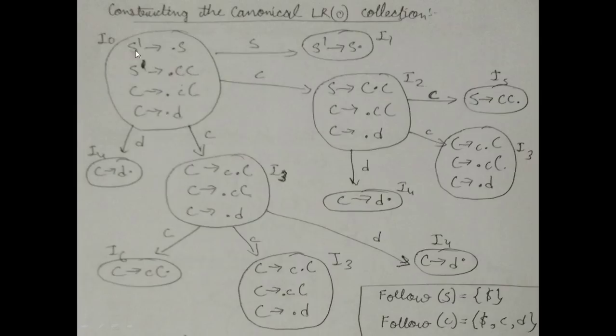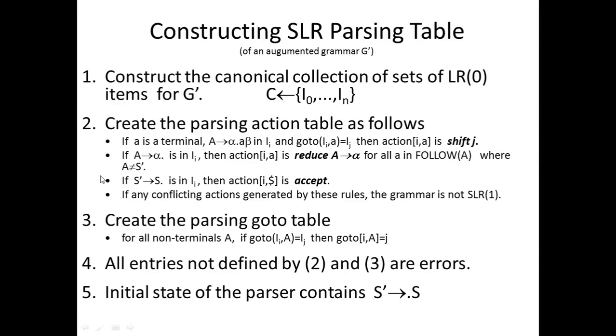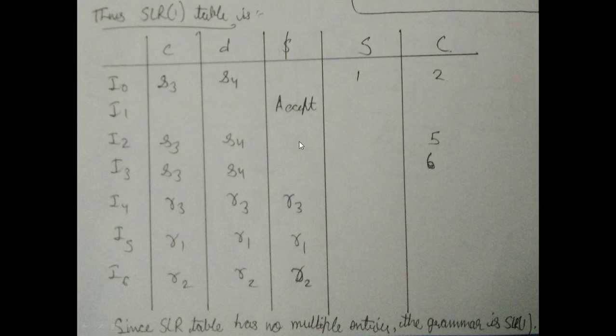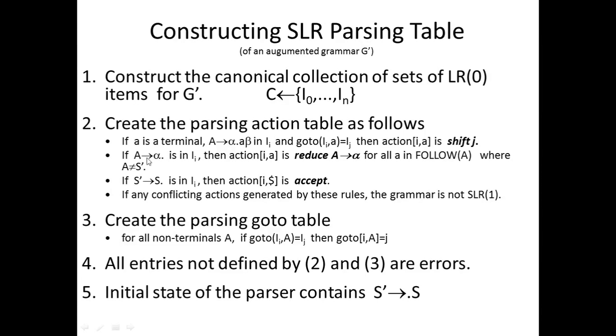Yes, we can see that from I0 to I4 transition we use terminal D. Thus we can see that it's a shift operation, which is seen in the table as: if A is a terminal where the production is A gives alpha dot A beta in I_i, and the goto operation goto(I_i, A) is equal to I_j, then action[i, A] is shift j, where shift is S3.